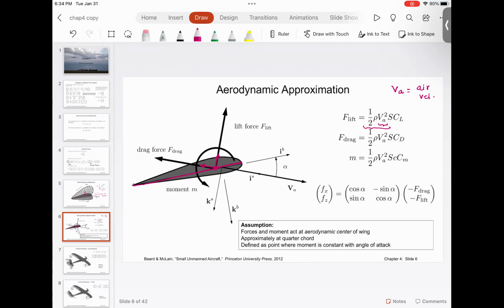This quantity is called the dynamic pressure. Once you multiply this dynamic pressure by the surface area S, you get the force, and you multiply that force by this coefficient, which is called the coefficient of lift.